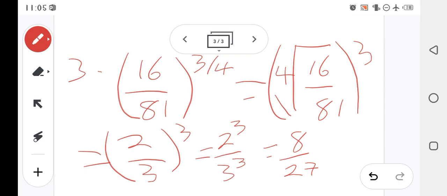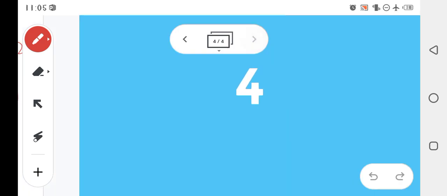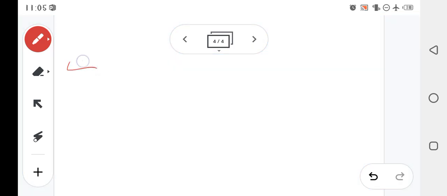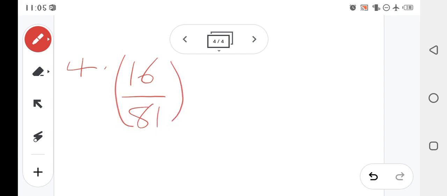Then let me take one more example. So example 4. You have 16 over 81, but this time around with a negative sign, meaning that you have minus 3 over 4.